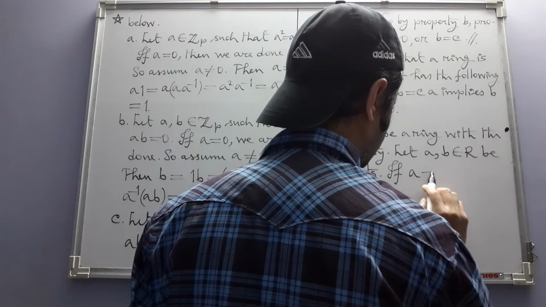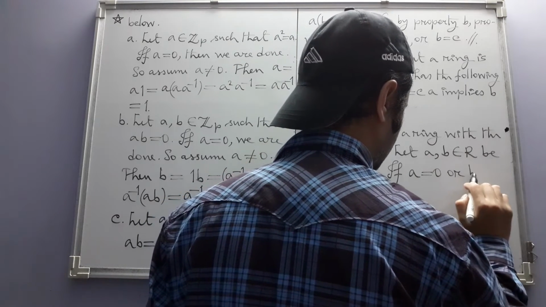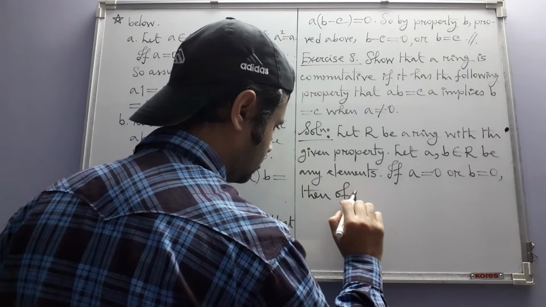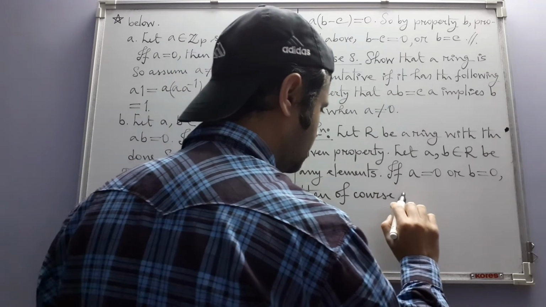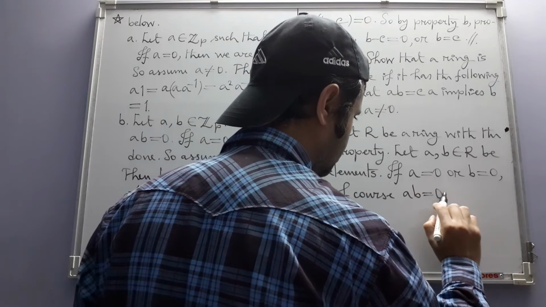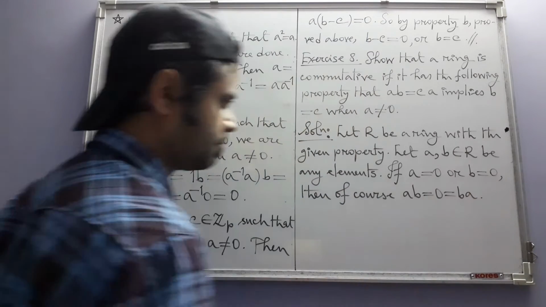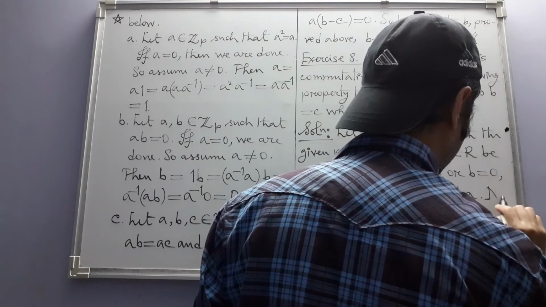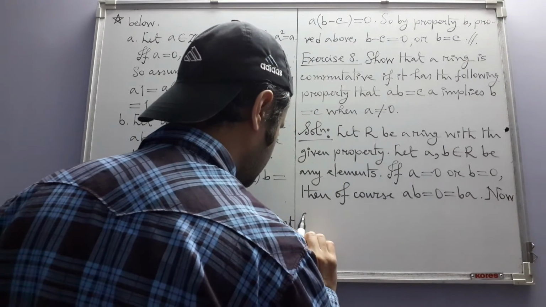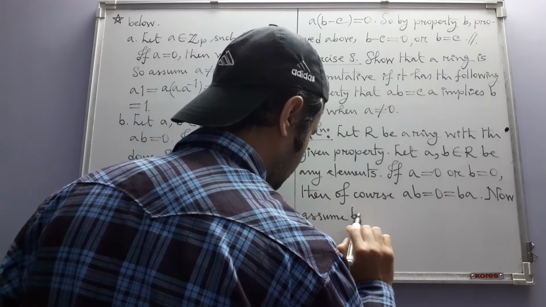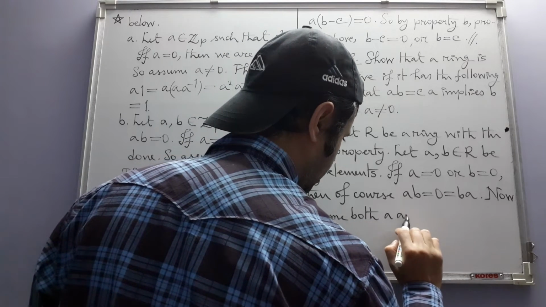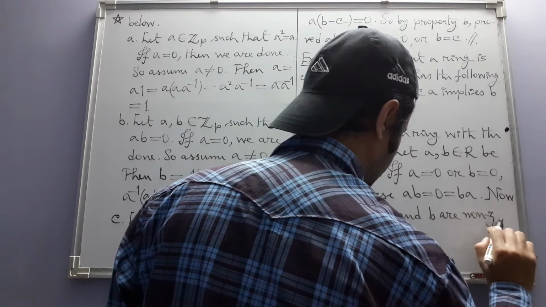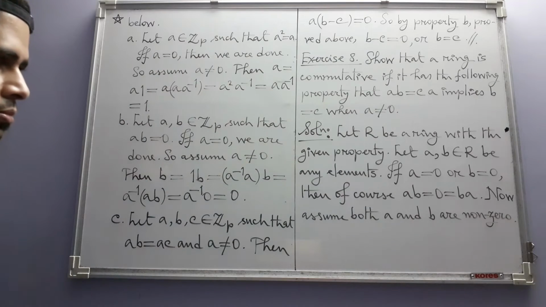If A is equal to 0 or B is equal to 0, then of course AB and BA are equal and both of them are equal to 0. So in that case the two products are equal. Now assume both A and B are non-zero. Okay.